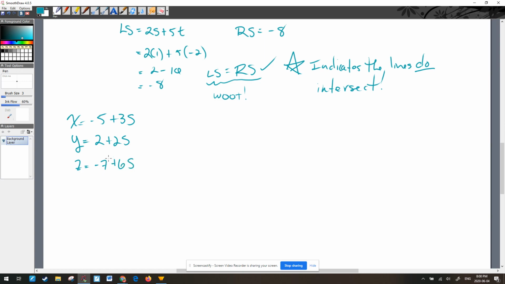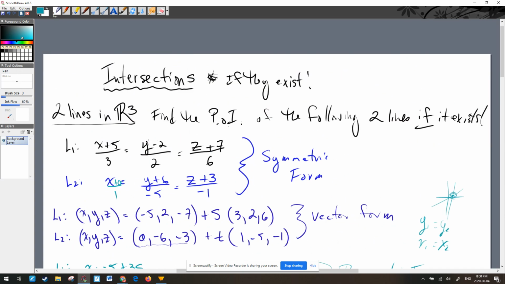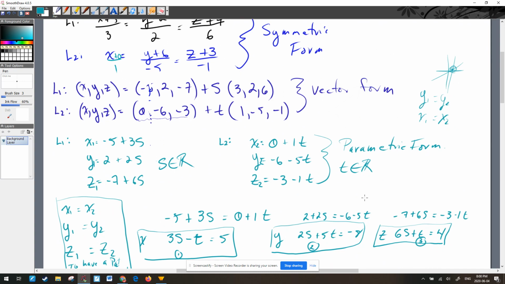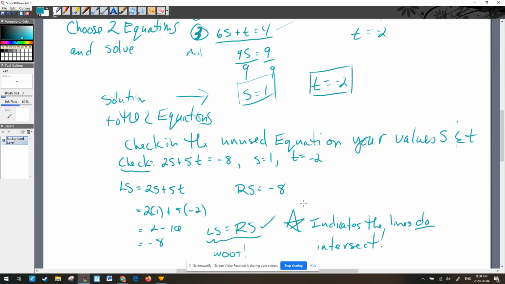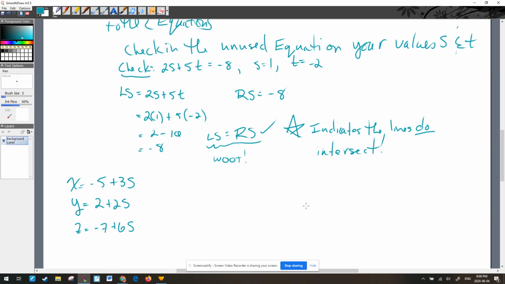Okay, so you could have gone back and retrieved either equation. We could have retrieved the first equation or the second equation. It doesn't really matter. We can take either one. But we should know now that I can take an s value of 1 and substitute it in and get our ordered pairs. So it's going to be negative 5 plus, well, my s value is 1, so plus 3 times 1, and that's equal to 2 plus 2 times 1, and that's equal to negative 7 plus 6 times 1, right?